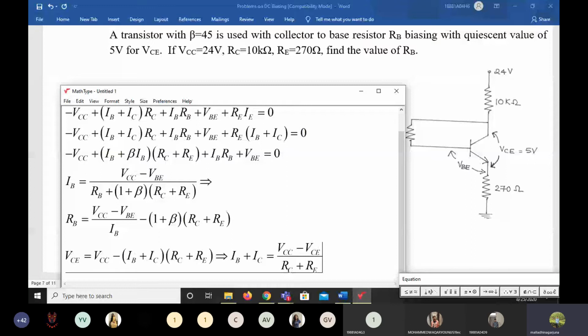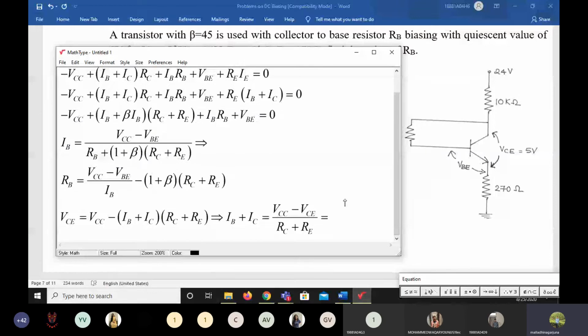Now you also convert IC in terms of IB. So from that, this is equal to VCC, which is 24, minus VC, which is 5 volts, divided by RC plus RE.